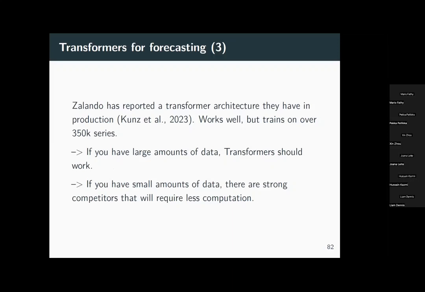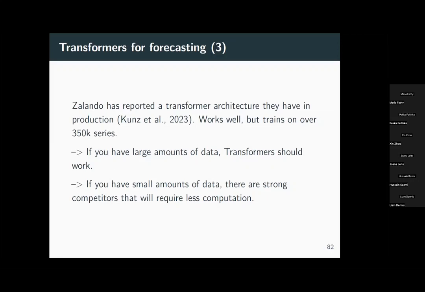They work well, but they obviously train on really large data sets. Like they have 350,000 daily series of product sales and so on. So if you have large amounts of data, transformers are probably a good method.